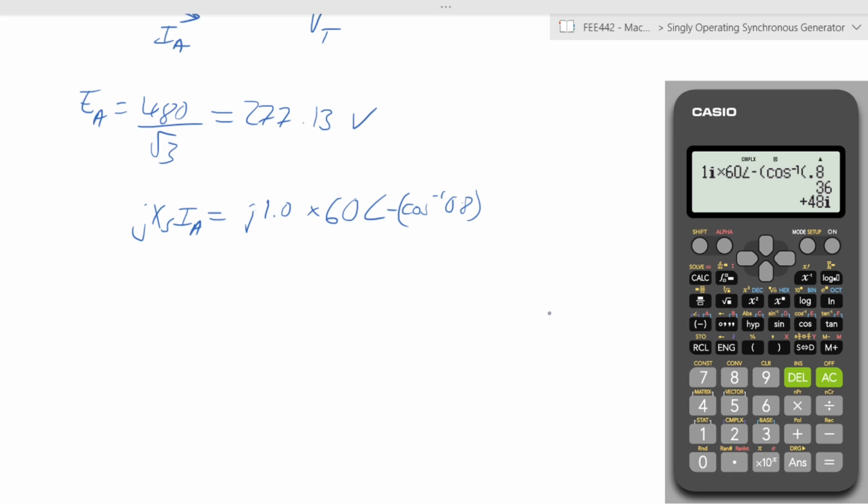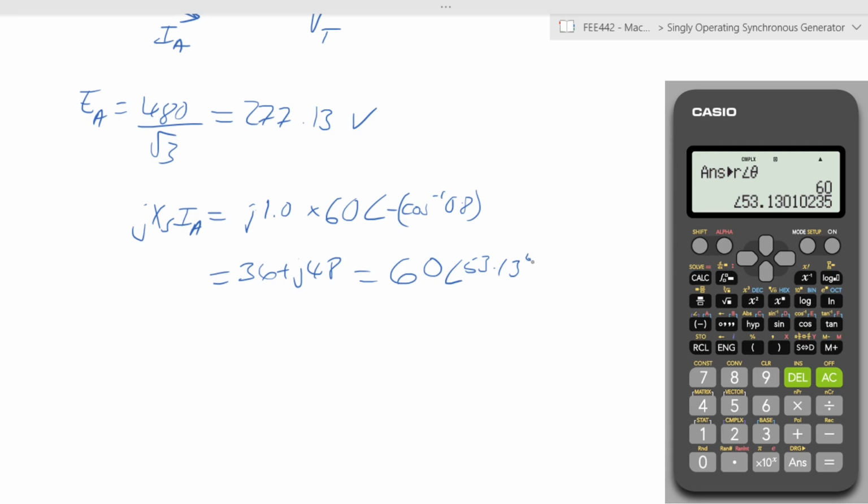That is interesting. 36 plus j48, which is equal to 60 at an angle of 53.13.